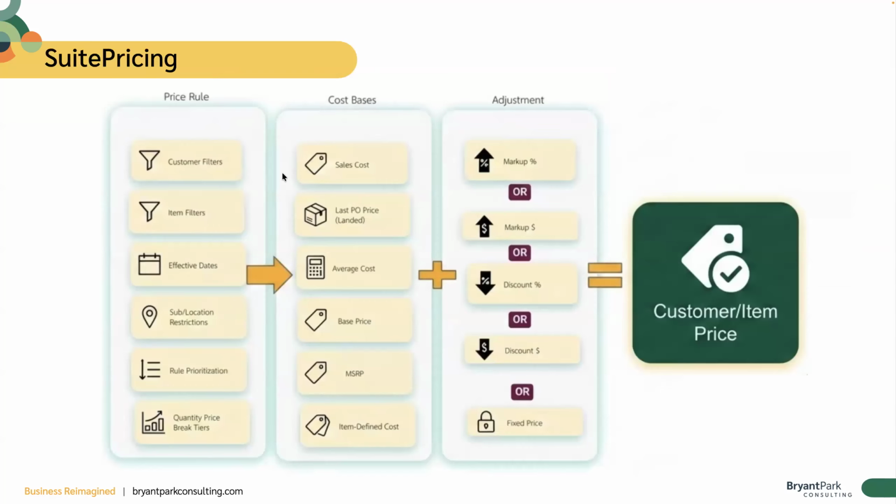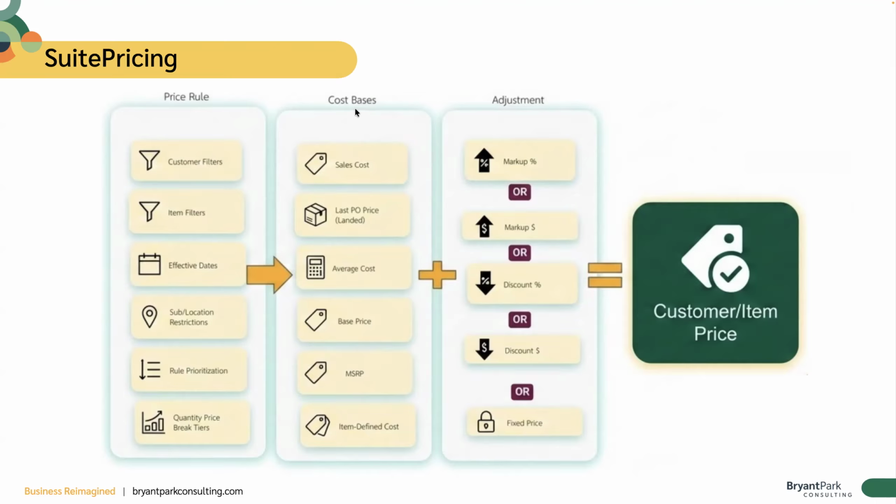The second part of the solution is called SuitePricing. SuitePricing allows you to, by virtue of a price rule, build your price lists without actually having to maintain a price list at the customer item level. Instead, what you do is build these price rules.